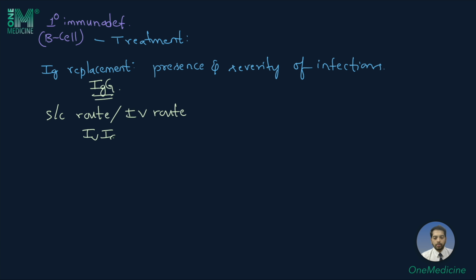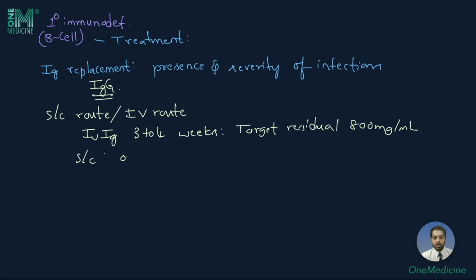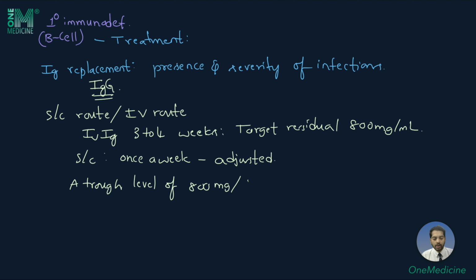IV immunoglobulin is replaced every 3 to 4 weeks with a target residual level of 800 milligram per ml. Subcutaneous injections are given typically once a week. However, the frequency can be adjusted. A trough level of 800 milligram per deciliter is desirable.